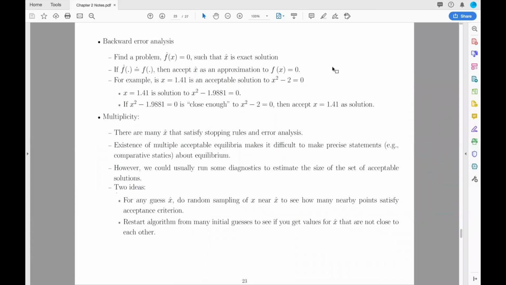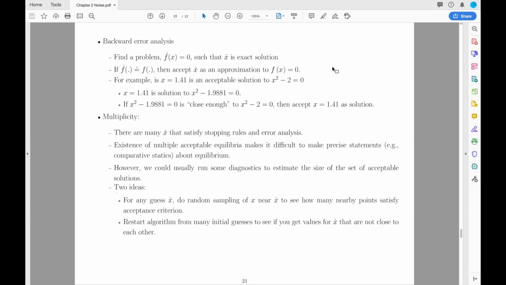Now, the multiplicity of true solutions, that's another thing. But I'm just pointing out that even if you have a unique true solution, there's going to be a continuum of computational solutions. You should just be aware of that, and hope that the set of epsilon equilibria is small.